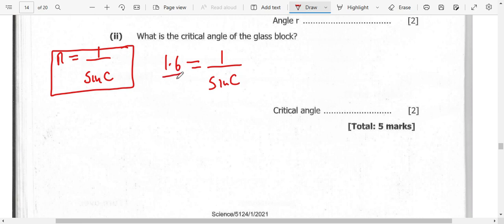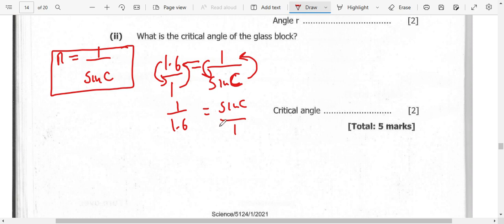Now 1.6 is the same as 1.6 over 1. So I'm going to take this on top, 1 comes down. If I swap those two, meaning that also 1 is going to go on top, this one comes down. So I'm going to have 1 divided by 1.6 is equal to sine c divided by 1.